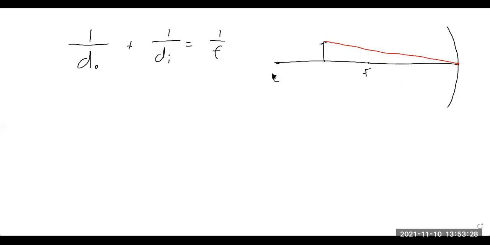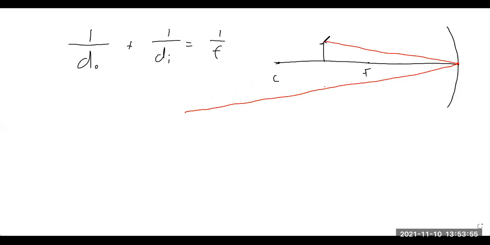That's just our central axis of the mirror. So then it needs to just make a nice mirror image like that. And if it comes in parallel, it would go through the focus.